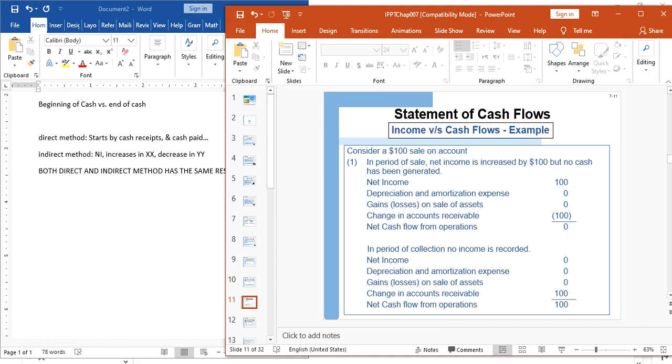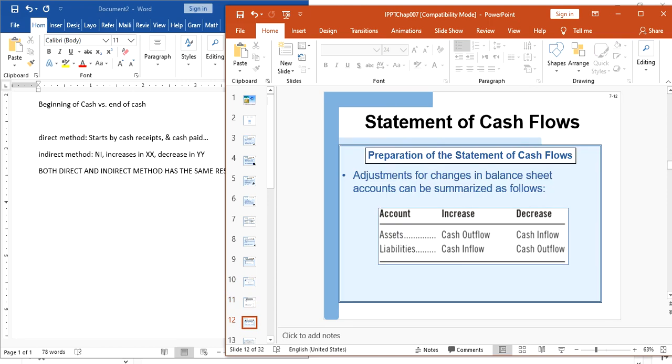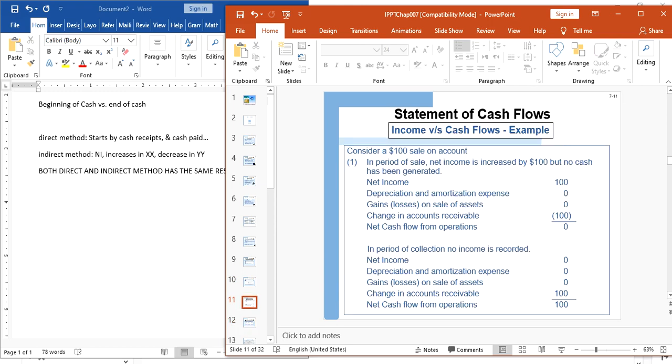Here is one example of a cash flow statement. Am I missing something over here? No? That's good. So here are two examples. The first one considers $100 in sales, but no cash has been generated. All went to receivables.